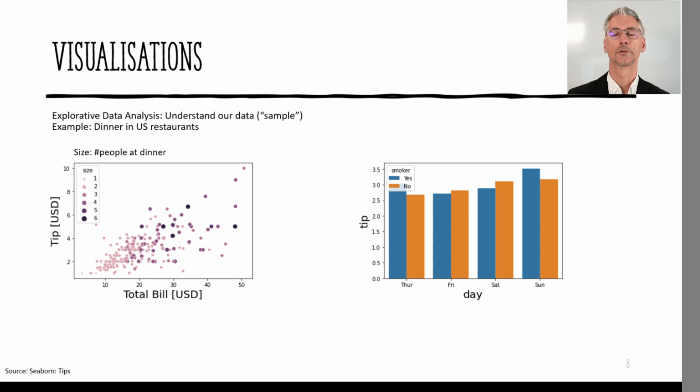Visualizations can help us to make more sense of the data. We've already seen now the scatter plot with the Anscombe's quartet in the previous one. And we can extend this by adding, for example, color and the size of the bullet points. Here on the left we see an example of such a scatter plot. It's called a bubble plot because you can also then modify the points, right?